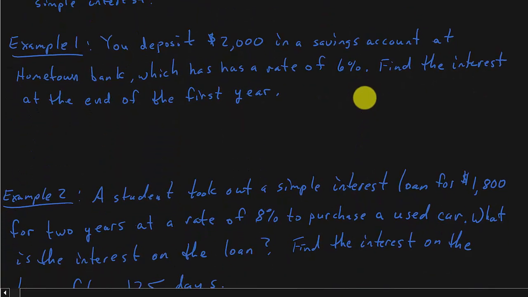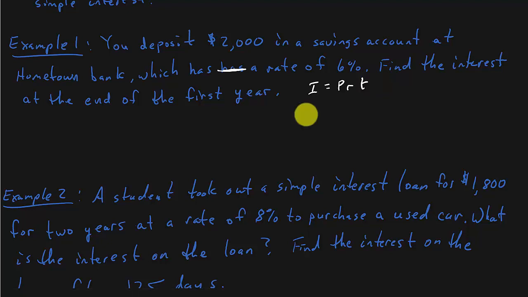So let's take a look at example 1. It says you deposit $2,000 in a savings account at Hometown Bank, which has a rate of 6%. Find the interest at the end of the first year. We know we're going to use I equals PRT, and they're asking us to find the interest.